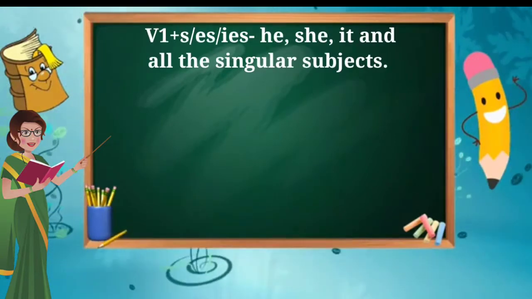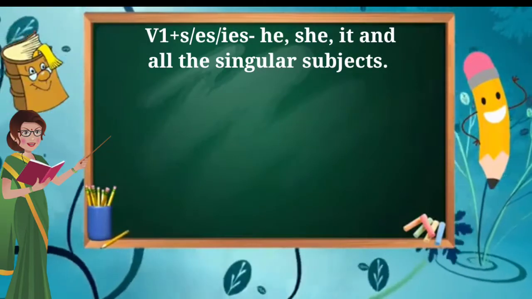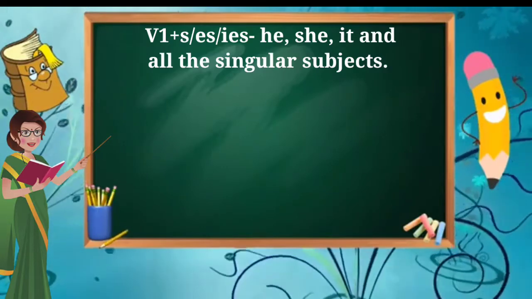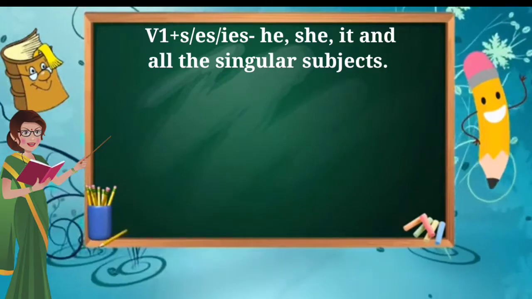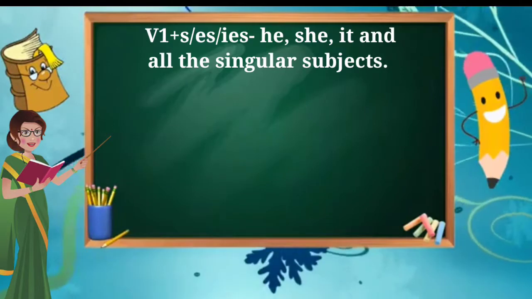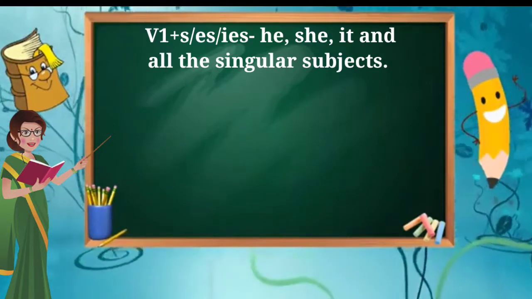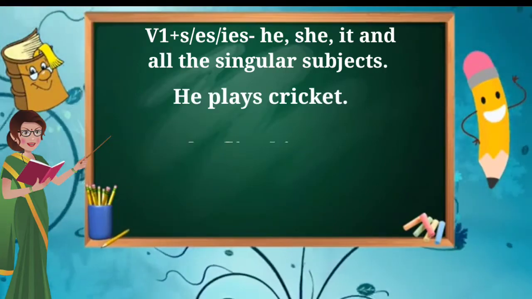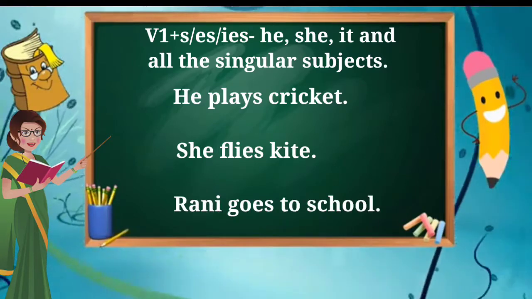The next, where do we use V1 plus S, ES or IES form? Listen. V1 plus S, ES, IES form is used with he, she, it and all the singular subjects. Singular subjects, it means the name of a person, place or thing. Clear? Now, let's get some examples. He plays cricket. She flies kite.